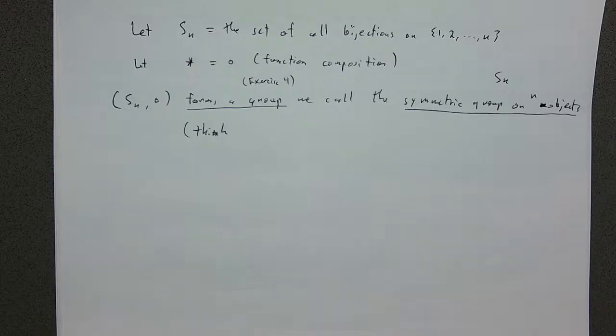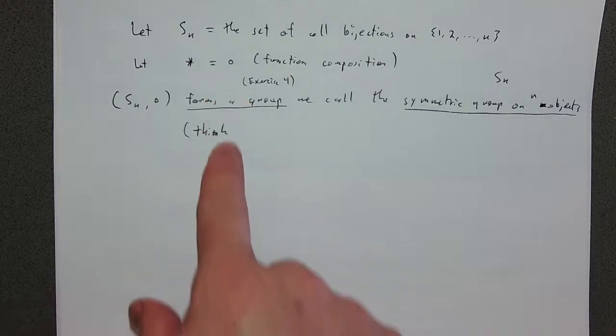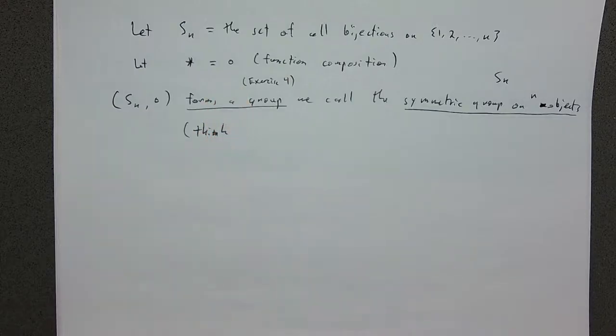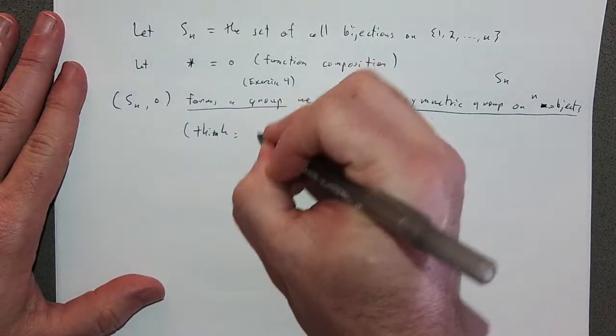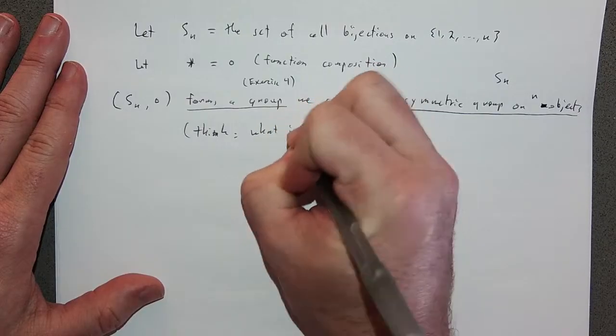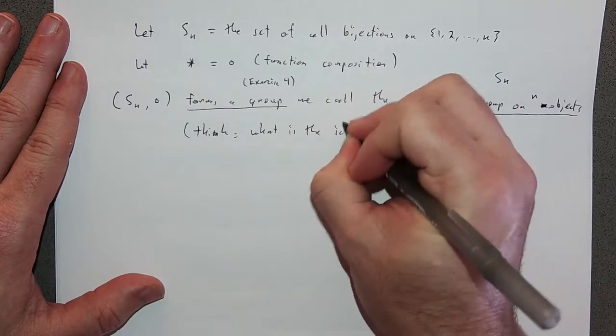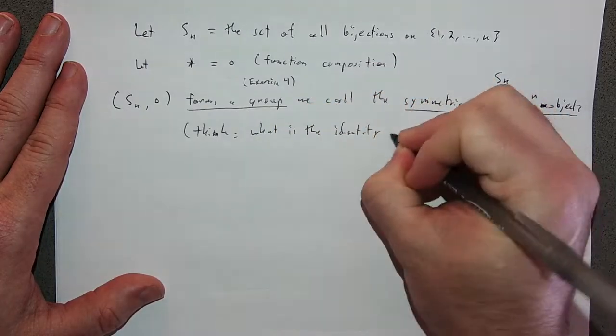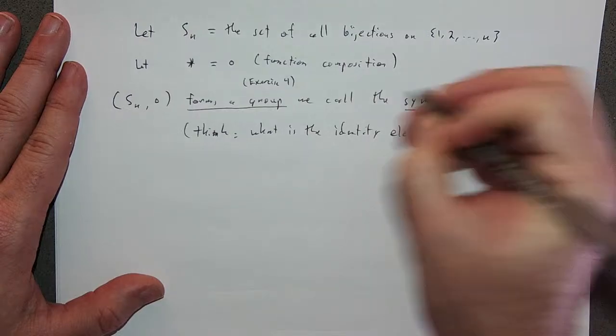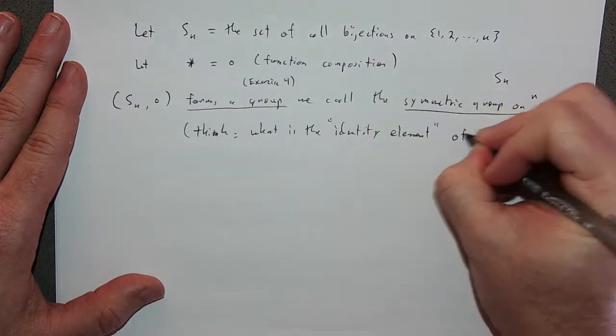You are going to do that in homework. But to think about this for a second, what is the identity element going to be? What is the identity element of this symmetric group?